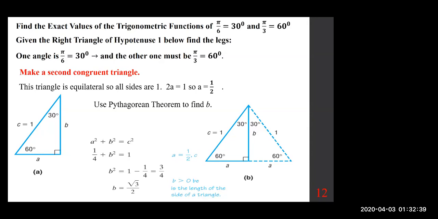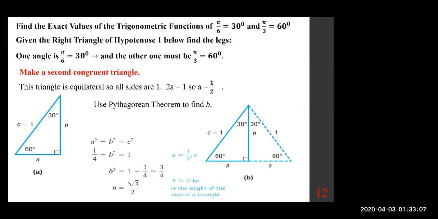Now we're going to use this to find the trigonometric functions for both cases. So, before we move on, is everybody clear so far? All we did, we started with a right triangle having the hypotenuse equal to 1.